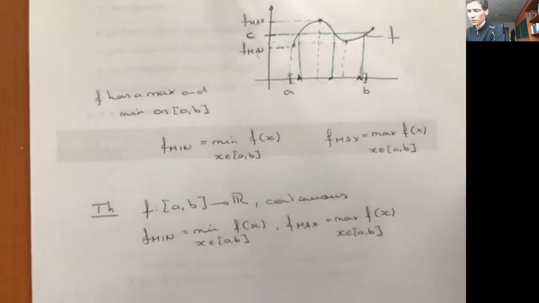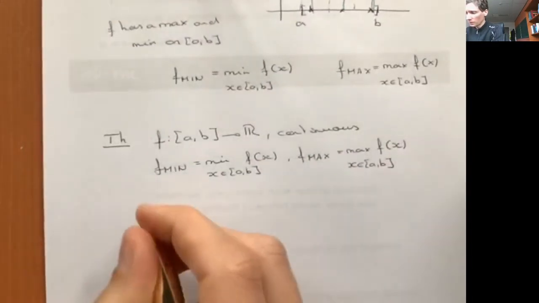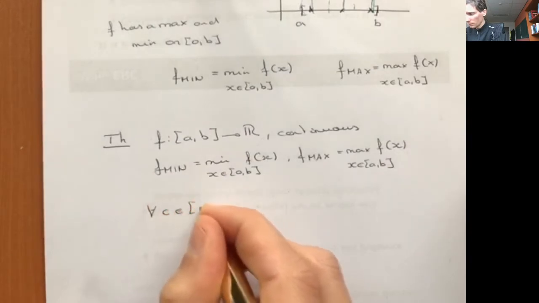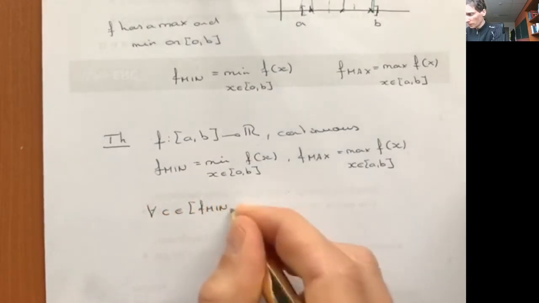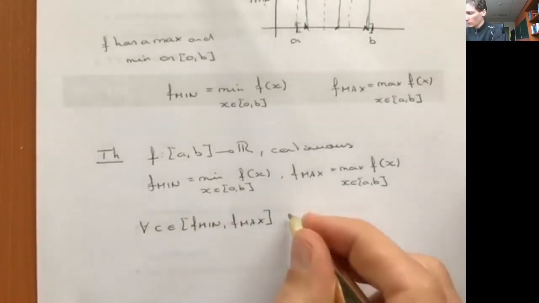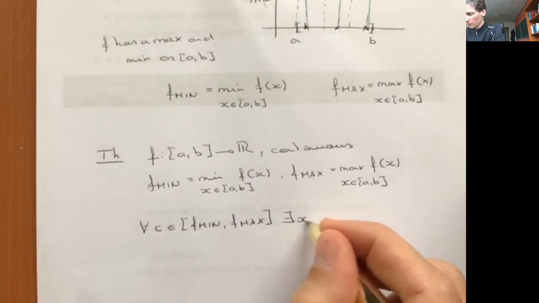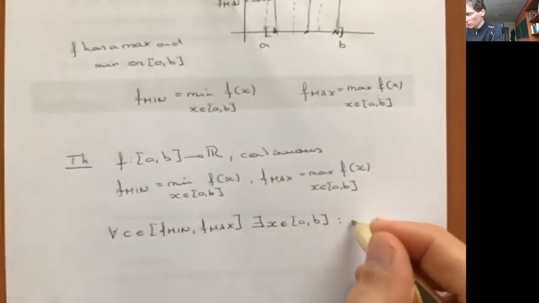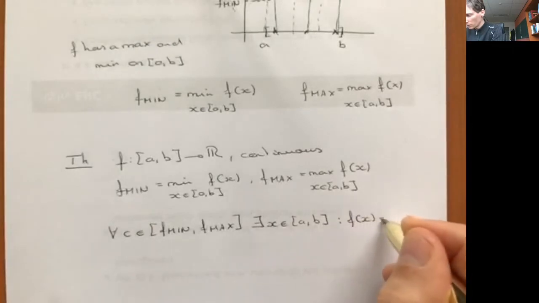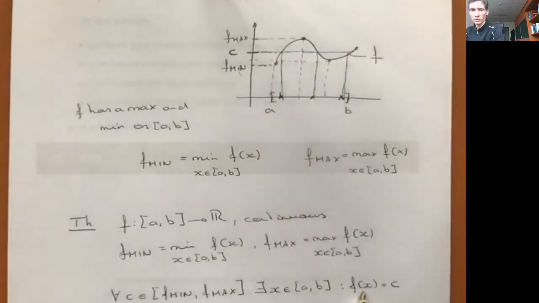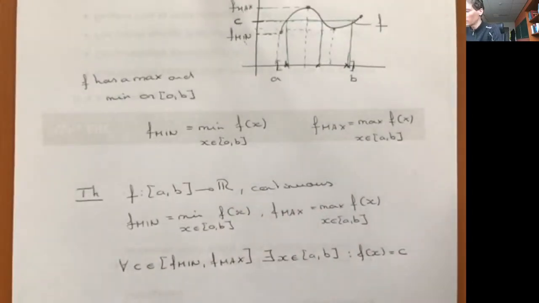So this is similar to here. Then you know that for all C in the interval [f min, f max], there should exist a number x in the interval [a, b] such that f(x) is equal to C. Here these 3 points are all possible values of this x, but at least there should exist one.